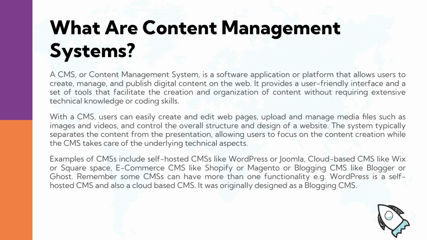So CMSs can have more than one functionality. WordPress is both a cloud-based CMS and a self-hosted one. WordPress started as a blogging CMS at WordPress.com. WordPress.com contains what we call the cloud-based CMS, where you are hosted on WordPress.